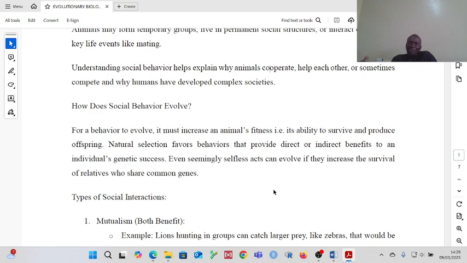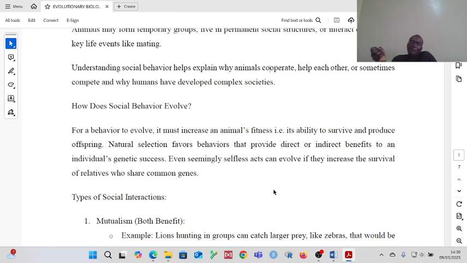That act is not benefiting an individual, but is possibly benefiting other individuals that are related to an individual who is practicing that act. So that's why we are saying even some of these seemingly selfless acts can evolve if they increase the survival of relatives who share common genes.